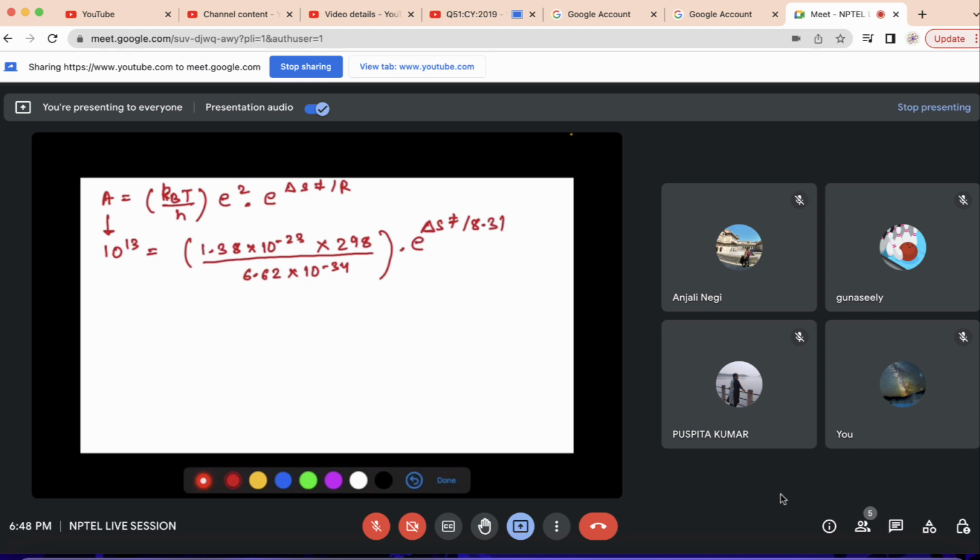Once we solve this, we get delta S double dagger as minus 12.57 joule per Kelvin per mole.